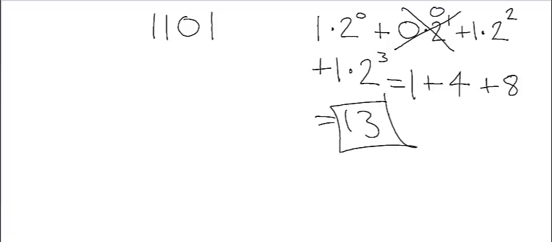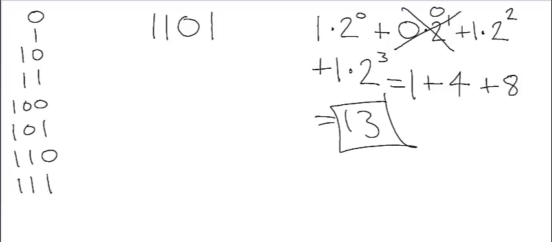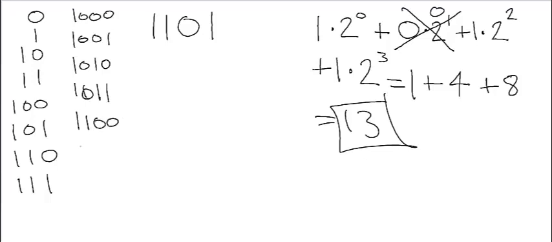So 1101 is 13 in decimal. Let's try to count to see if we're right. So 0, 1, 2, 3, 4, 5, 6, 7, 8, 9, 10, 11, 12, 13.